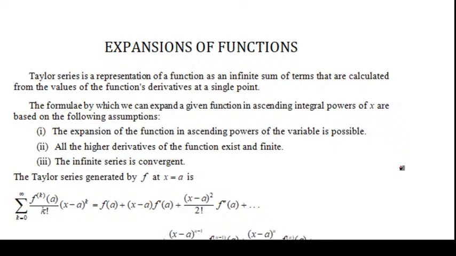And they are, the first one is the expansion of the function in ascending powers of the variable is possible. First of all, we have to obtain a series representation, and the first thing is that such a representation is possible.